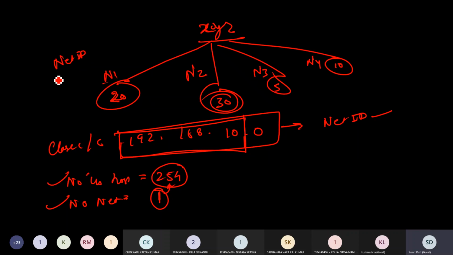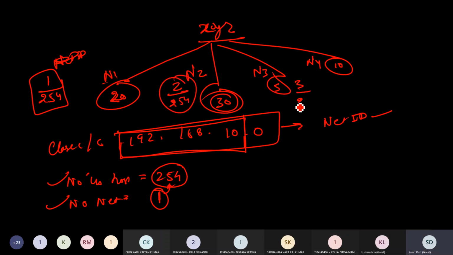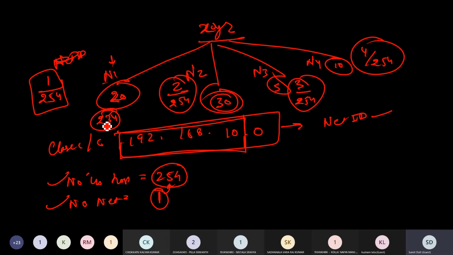Suppose this is my network 1 with 254 hosts, second network 254 hosts, third network 254 hosts, fourth network 254 hosts. It means here in network 1, 234 IP addresses are getting wasted, and similarly here.